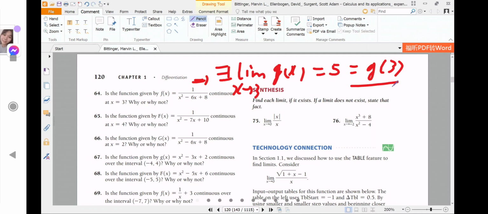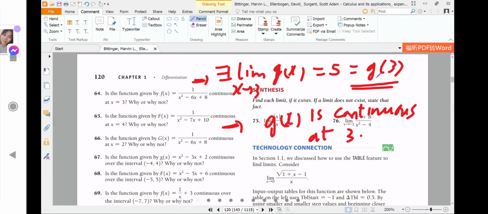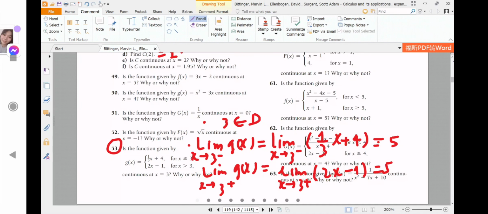We have this one, and we conclude that g(x) is continuous. We use the definition to prove the given function is continuous at the given point. Okay.